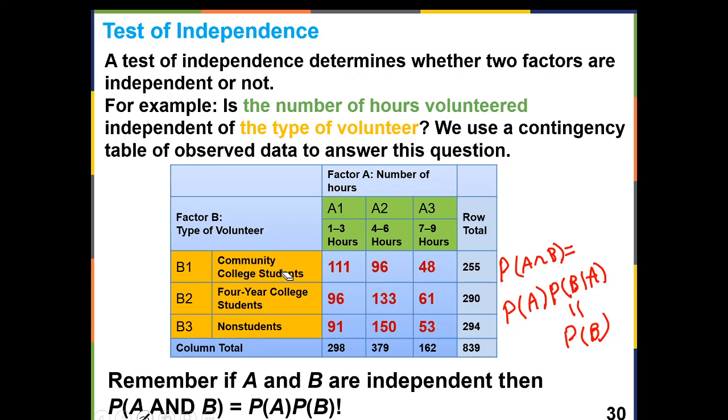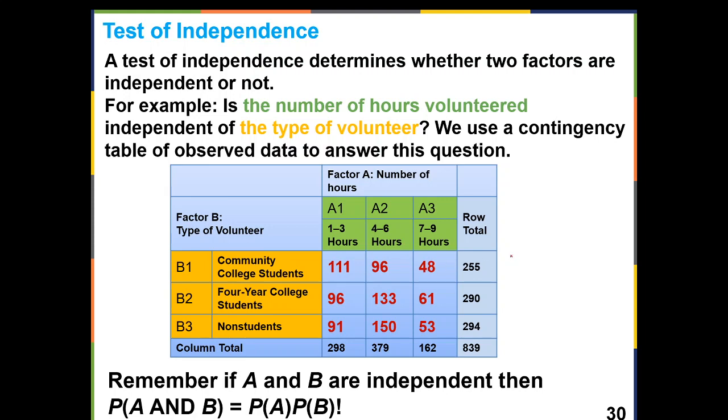In chapter 3 we learned how to find probabilities, but here we want the number of volunteers based on that probability. So what's the probability that somebody volunteers this many hours and comes from community colleges?